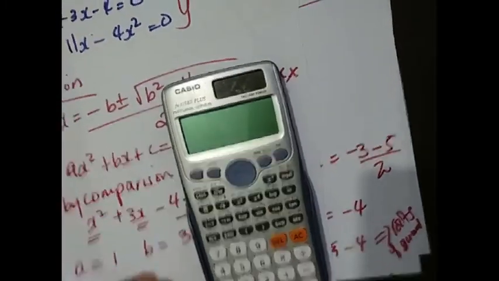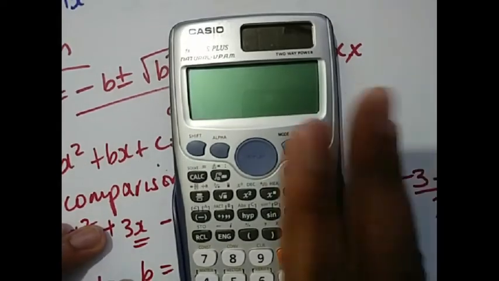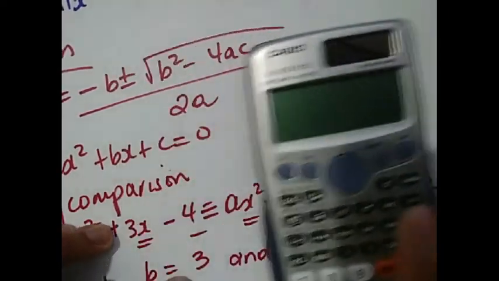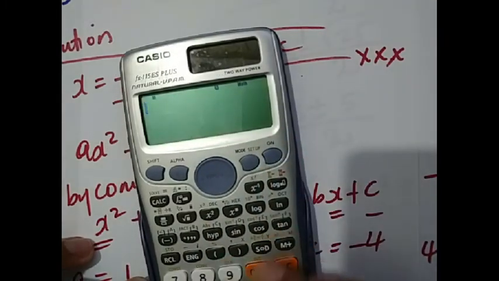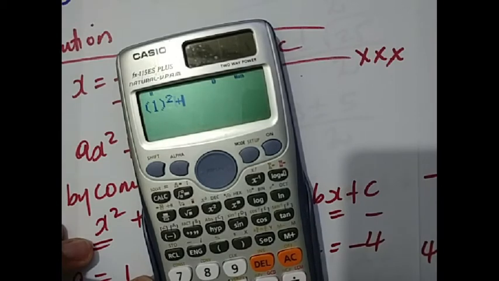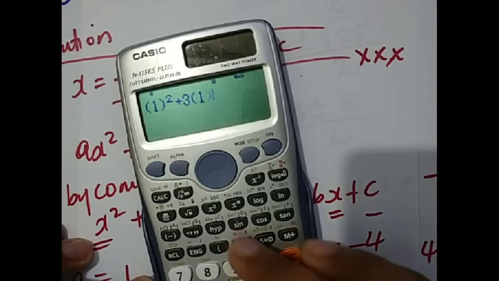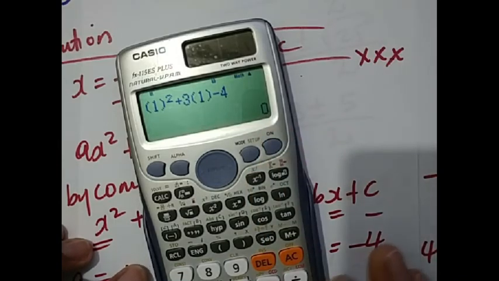So we can plug into our calculators and test. It said x is 1, so let's test 1. 1 squared plus 3 times 1 minus 4. Is that 0? Okay, that's 0.